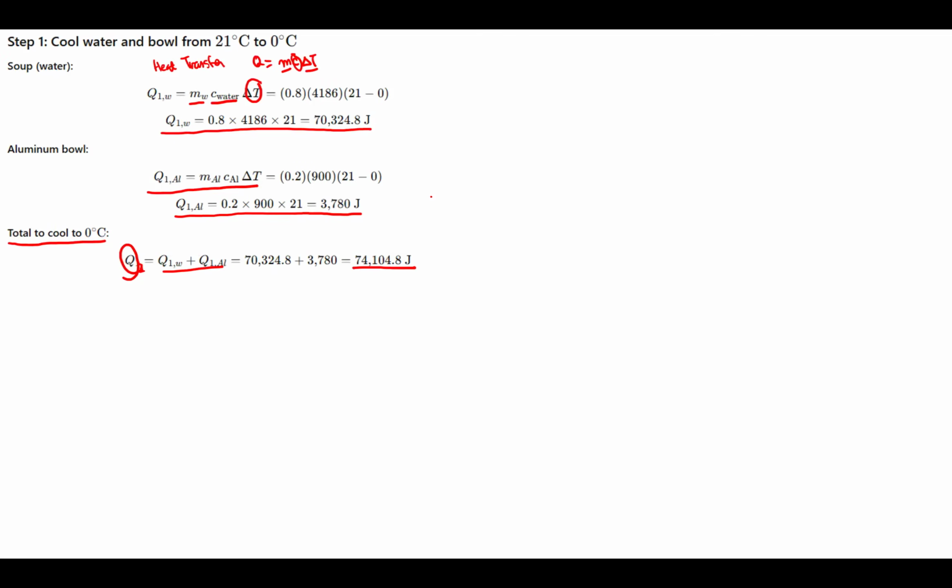Now we have used 74,000 joules, so we still have much to go. Okay, and step 2 is to freeze the soup at 0 degrees C. Note that there is no temperature change, but you have to use the mass of water and its latent heat of fusion. These values are already given, so you get Q2.